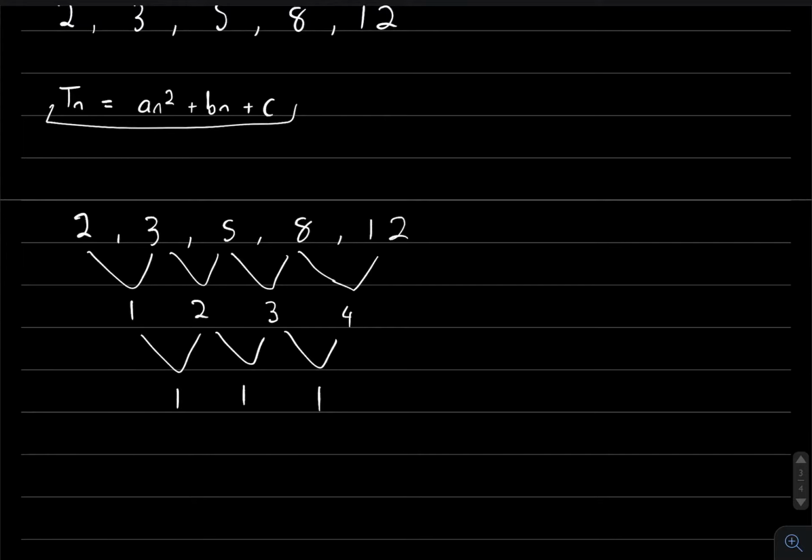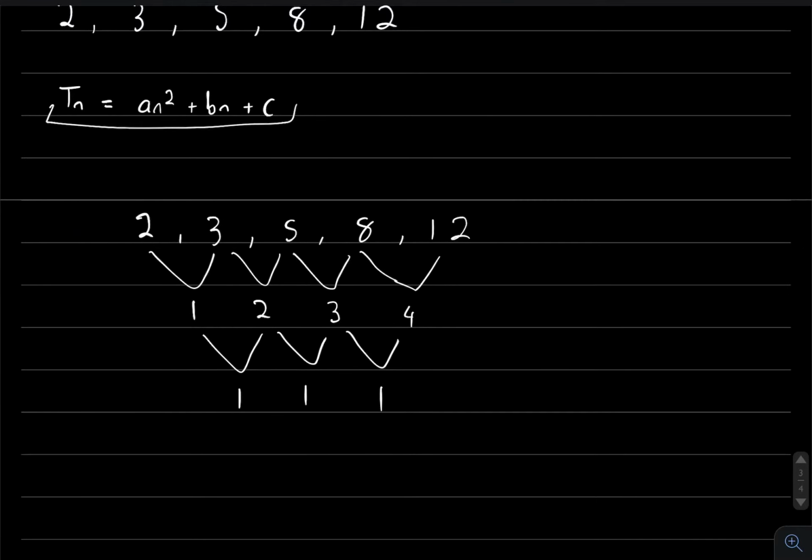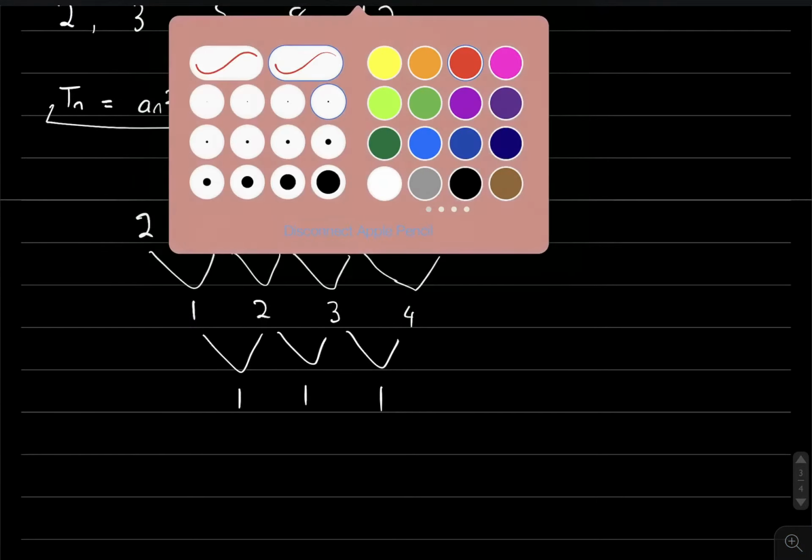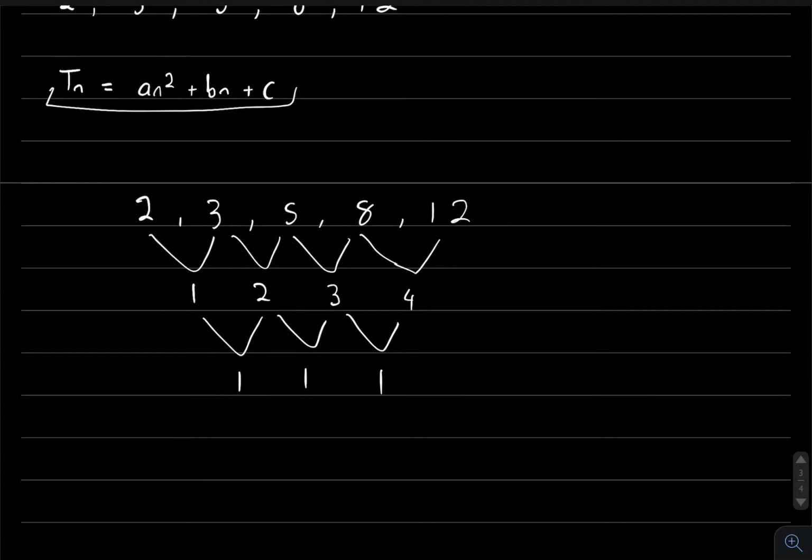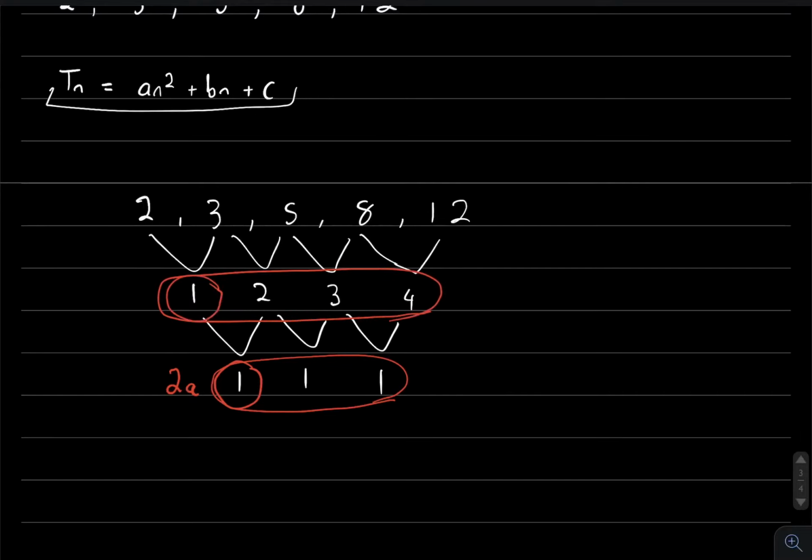So let me just move this a bit to make some space here on the side. So what we do now is we say, okay, this bottom row of numbers, just take the first one and say that that's equal to 2a. Then in this middle row of numbers, we take the first one and say that is equal to 3a plus b.